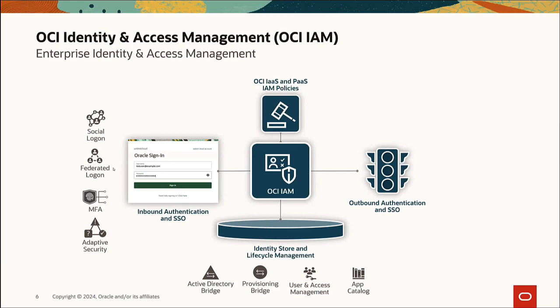Federated login for your enterprise IDPs. So if you're an Okta shop, or you're using Azure AD or Entra ID, we can easily federate into your IDP of choice. And obviously, extra capabilities are layered on top of that with multi-factor authentication and adaptive security with security policies that integrate into threat provider feeds that monitor, for example, suspicious IPs.